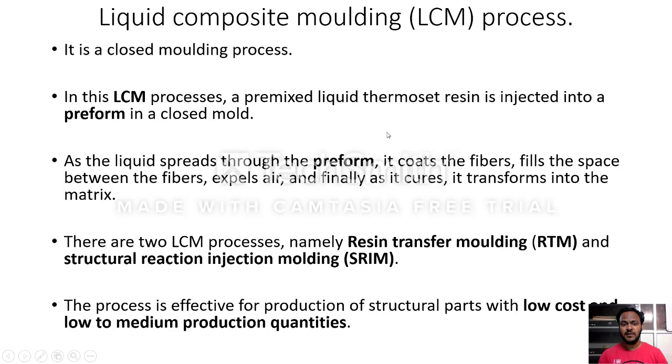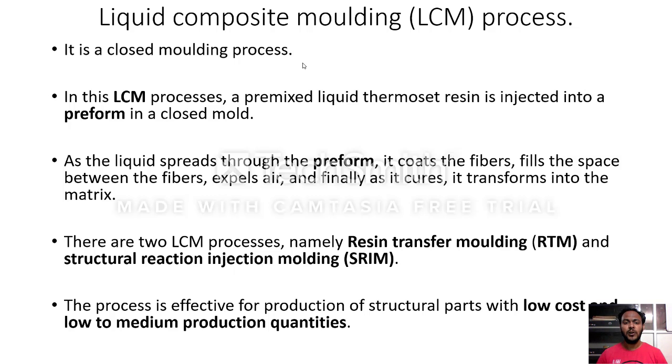So let us see what is meant by liquid composite molding process. Liquid composite molding is a closed molding process, abbreviated as LCM. In this LCM process, a pre-mixed liquid thermoset resin is injected into a preform in a closed mold.